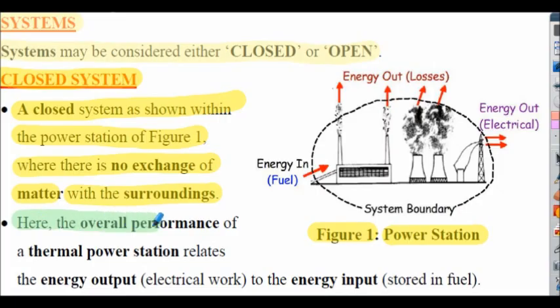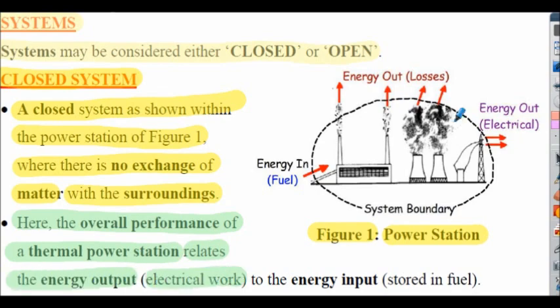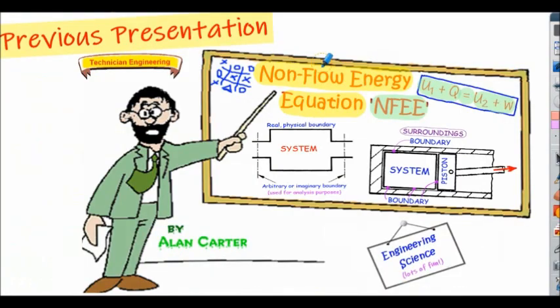Here, the overall performance of a thermal power station relates the energy output, electrical work, to the energy input stored in the fuel. This type of system relates to the non-flow energy equation, which is outlined in a previous presentation.